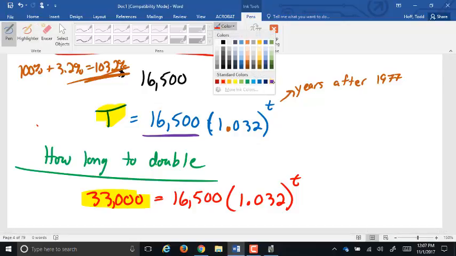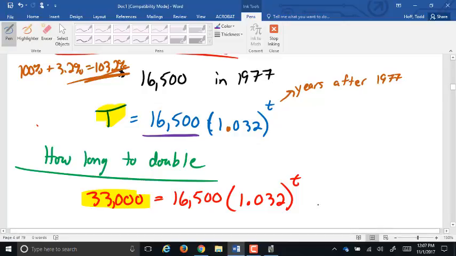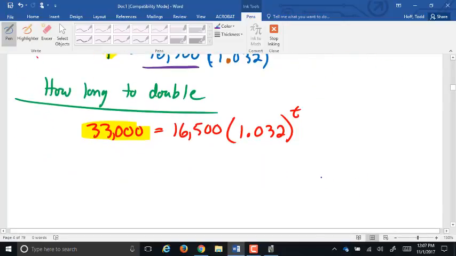So to solve this, we have to get the variable by itself. Now we've solved equations where it was just this piece. We haven't solved equations when there's other stuff. But what we have to do is get this piece by itself. Right now, what's keeping it from being by itself is the 16,500. What operation goes right here? That's multiplication, right?